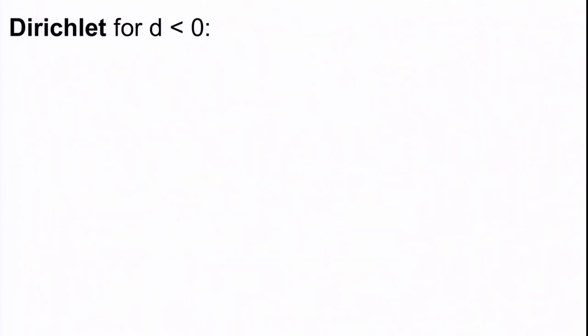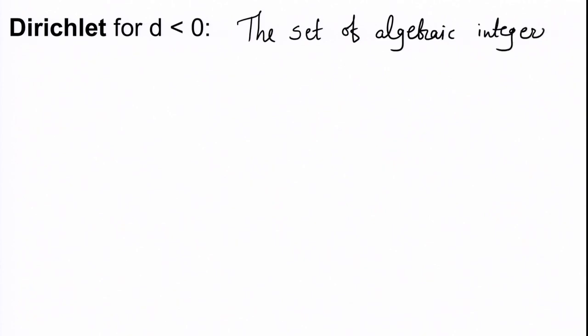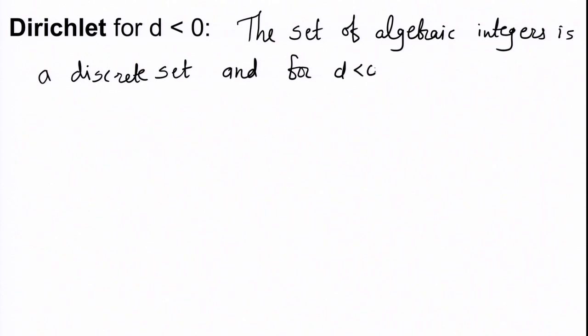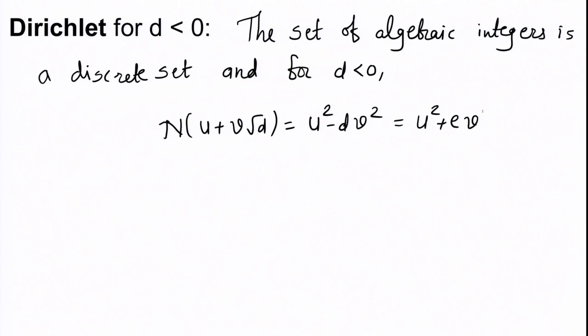In fact, we should note the following thing: the set of algebraic integers is a discrete set, and for D negative, the norm of u plus v root d, which is u square minus d v square, with d negative, becomes u square plus e v square.